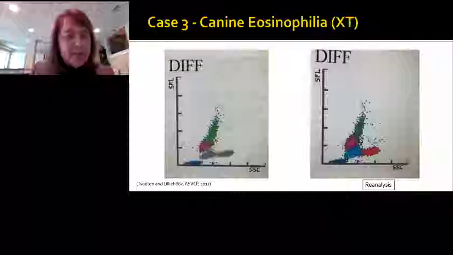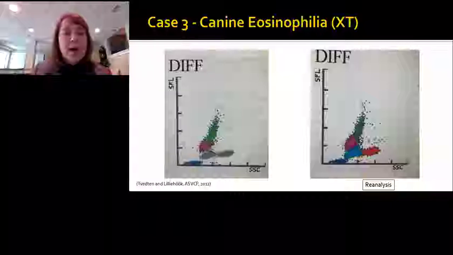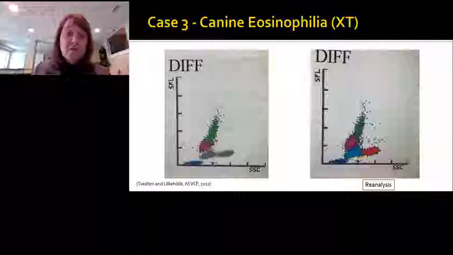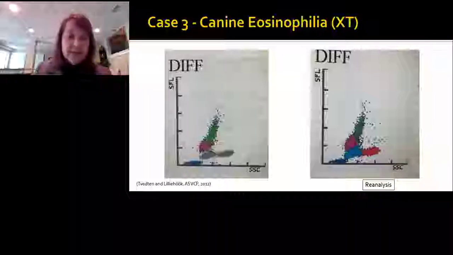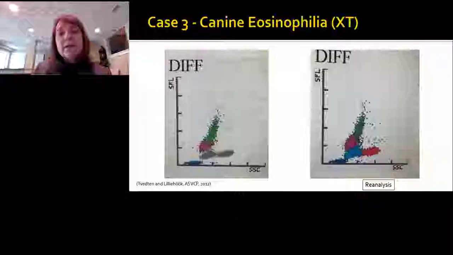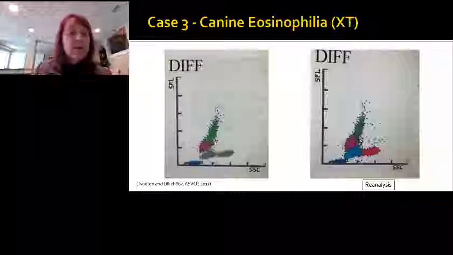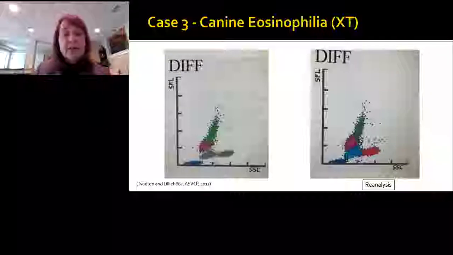Well, what happens when the analyzer is uncertain of what that population is? Instead of giving it the color for a specific cell type, it may gray out the population. If it's a normal dog, the one on the left is the neutrophil, and the one on the right is going to be the eosinophil module.